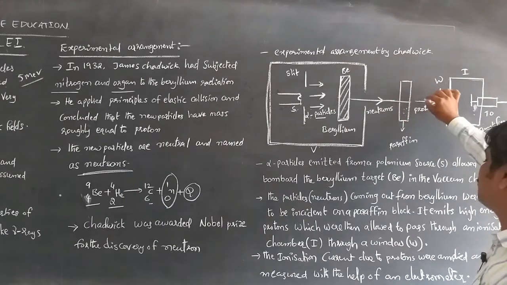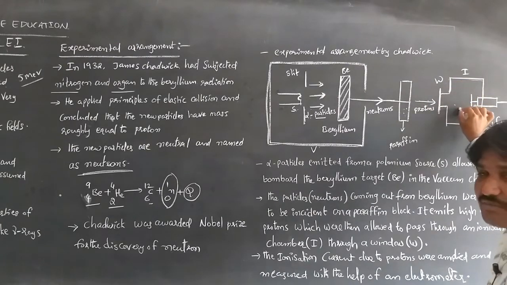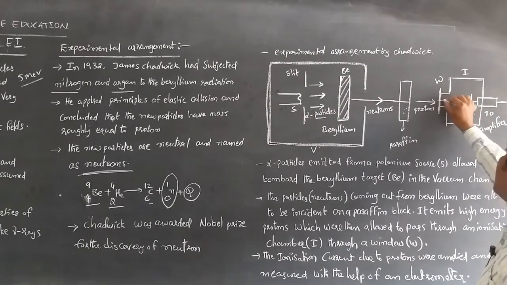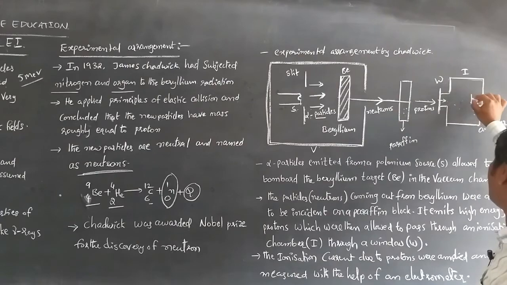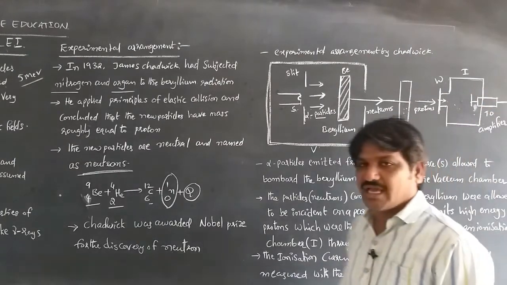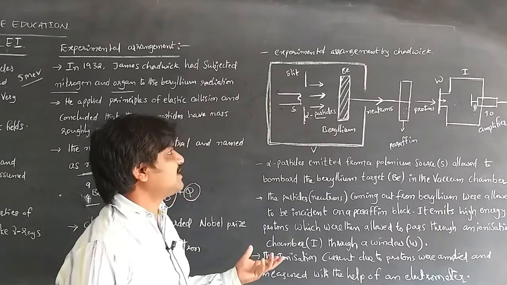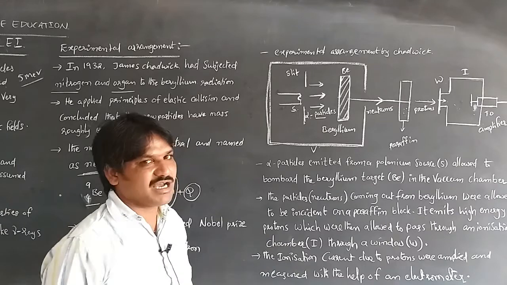These pass through a window into the ionization chamber, and the ionization current due to the protons is amplified and measured with the help of an electrometer. This is the function of the experimental arrangement used by Chadwick to discover the neutron.